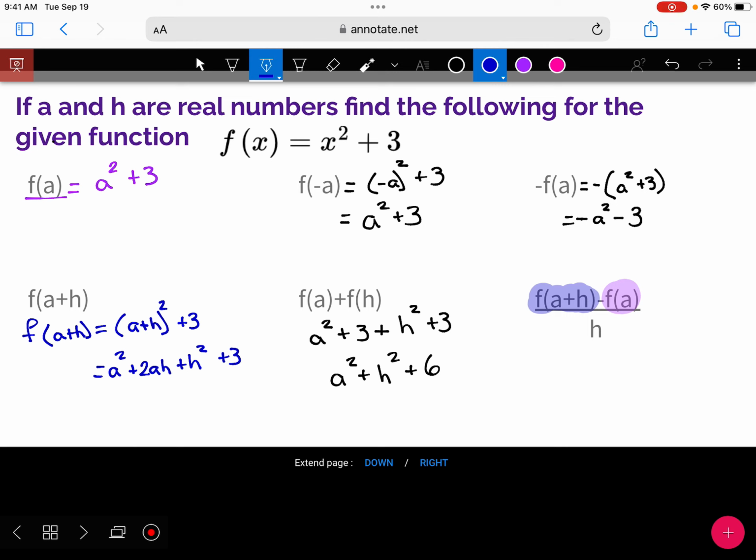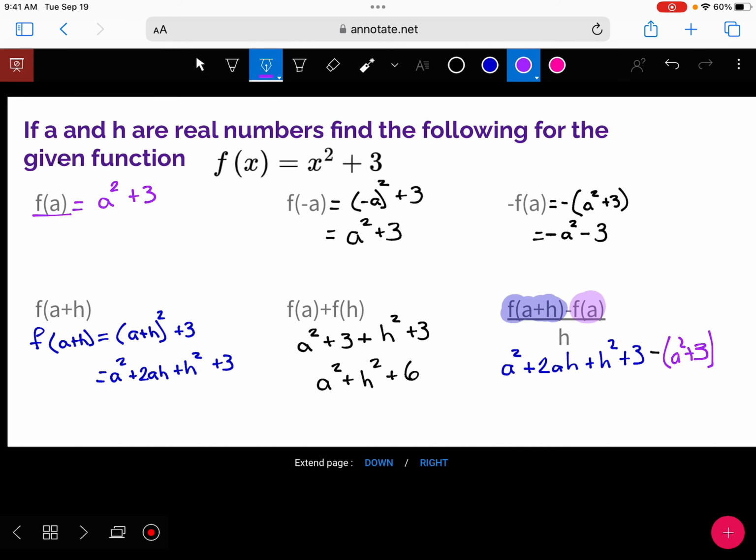So when we write this as our fraction, we're going to have our a squared plus 2ah plus h squared plus 3. And we are going to subtract my whole f of a, squared plus 3.